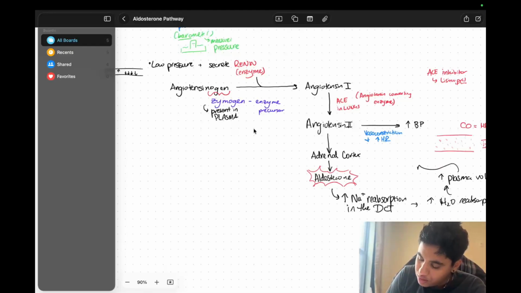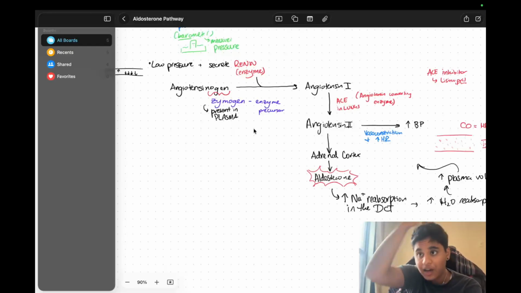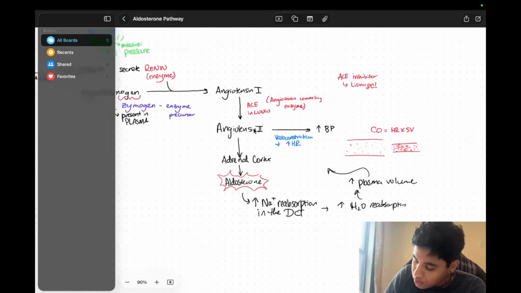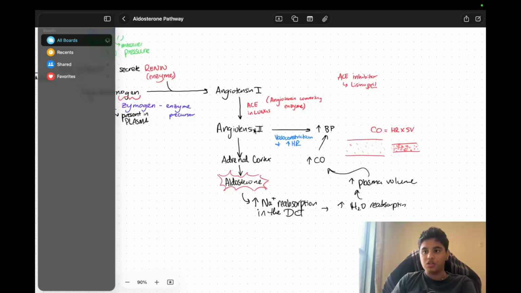Which then increases the cardiac output, right? So if the plasma volume is higher, the cardiac output is higher, which then increases the blood pressure. So that is how the aldosterone pathway works.